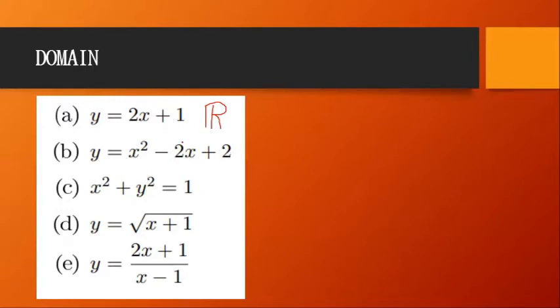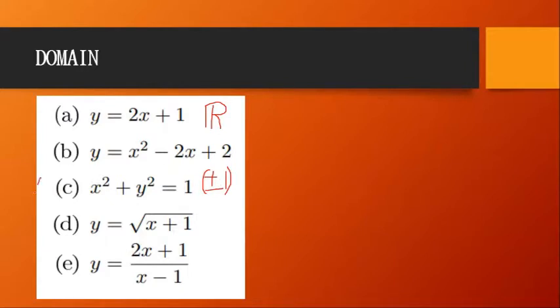Meaning, fractions, decimals, whole numbers, integers, natural numbers, we can use all the real numbers and magsasatisfy pa din yon sa ating function. Okay? For letter C, although this is not a function, nalaman naman natin na pwede nating gamitin as domain ang positive 1 and negative 1, because it will result to a certain value of y.